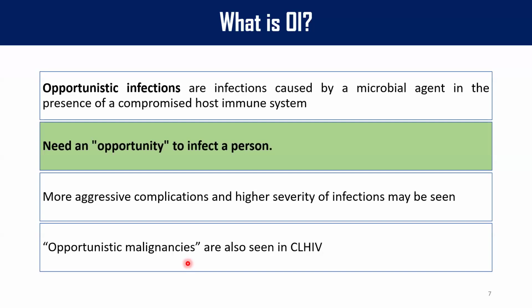Whereas in these children with suppressed immune function, the common infection can lead to severe, catastrophic consequences. For example, common chickenpox, which is self-limiting in most immunocompetent children, can lead to a severe hemorrhagic form of chickenpox in HIV children. Sometimes it may even lead to death.